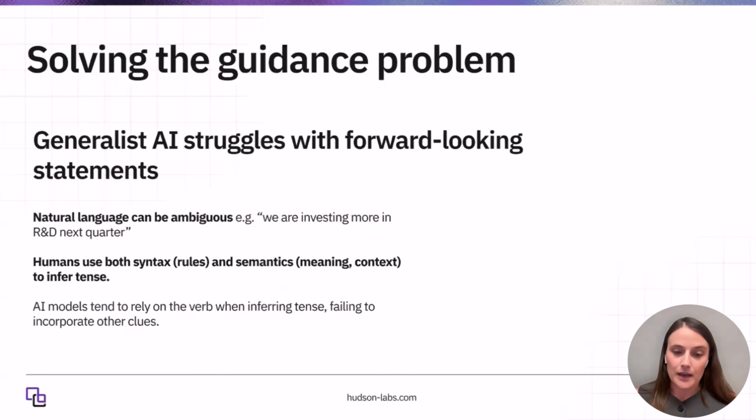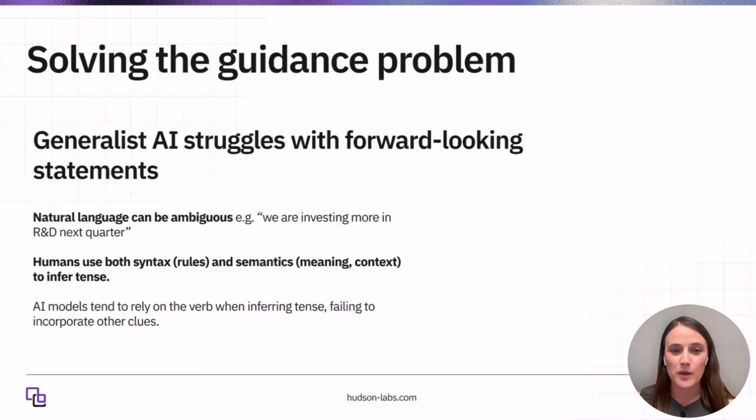The other common issue that you should be paying attention to going into earnings is the guidance problem. As Brett mentioned, the way that AI models fail is unexpected. Things that are really easy for humans, like understanding tense, can be really challenging for AI models.